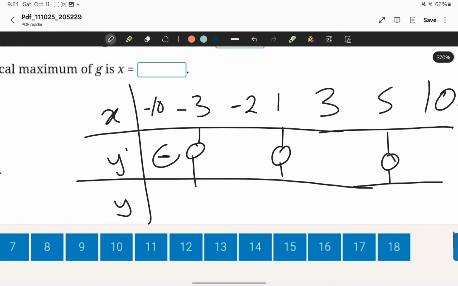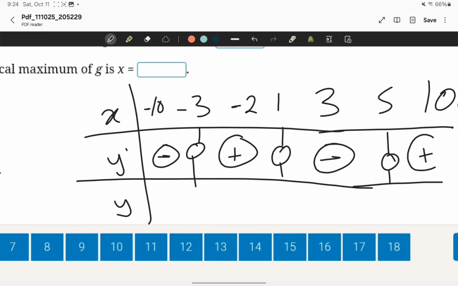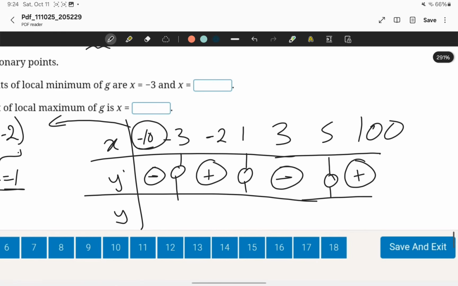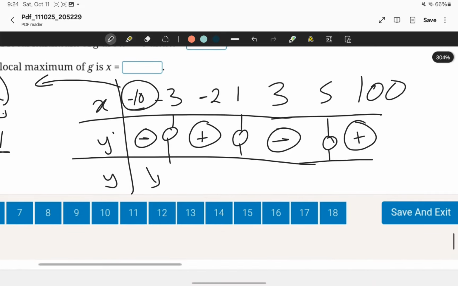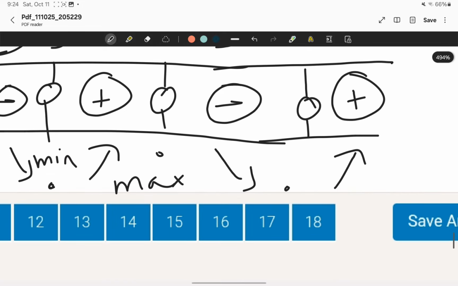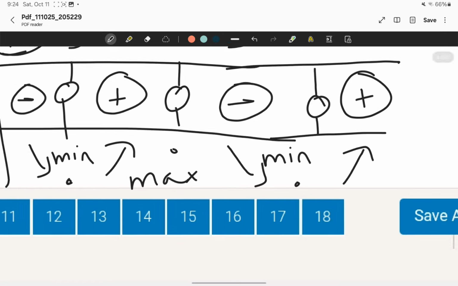So here you get negative, here you get positive, here you get negative, here you get positive. Remember, all we're doing is just taking these numbers and putting them into our derivative. Okay, so here draw arrows: goes down, then up, then down, then up. So this is a minimum, this is a maximum, here it's a minimum, and that's it.